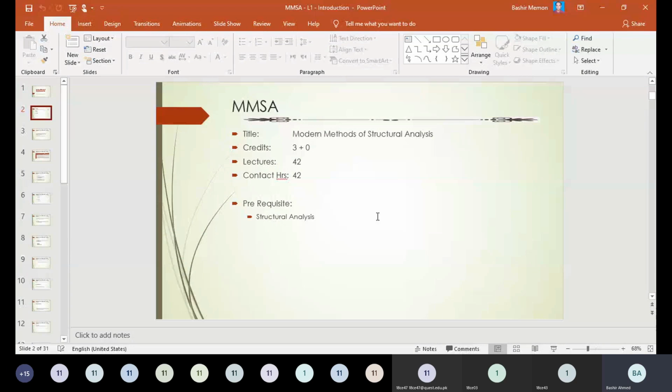Let's see this thing. The subject is 3 plus 0 credit. It simply means we do not have any practical, but only theoretical classes. Its prerequisite is structural analysis, and you have studied all those things, all the methods, all the required examples in structural analysis.